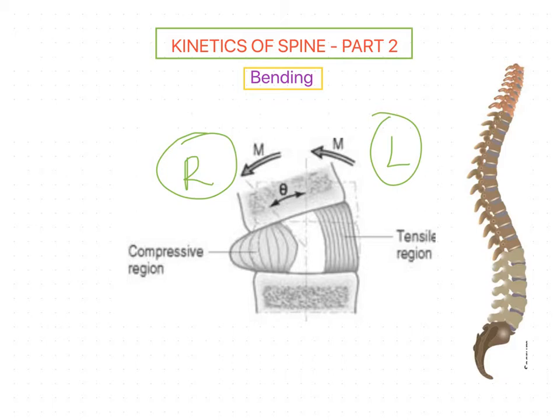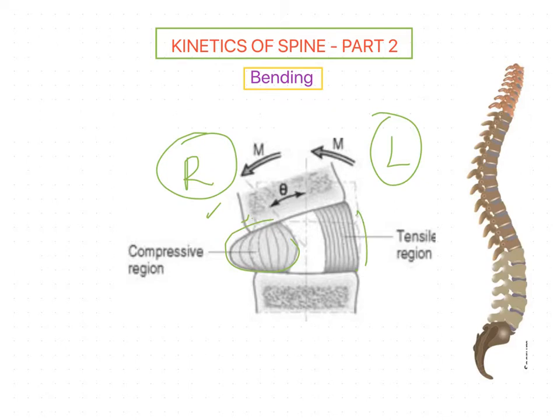If the person is bending to the right side, the ipsilateral side, that means the same side, the right side of the disc, is going to compress. That is in a right lateral bending. The right side of the disc is compressed and the outer fibers of the left side disc are stretched.